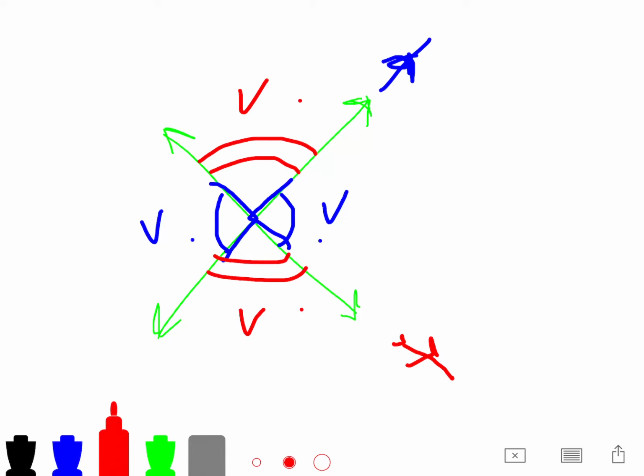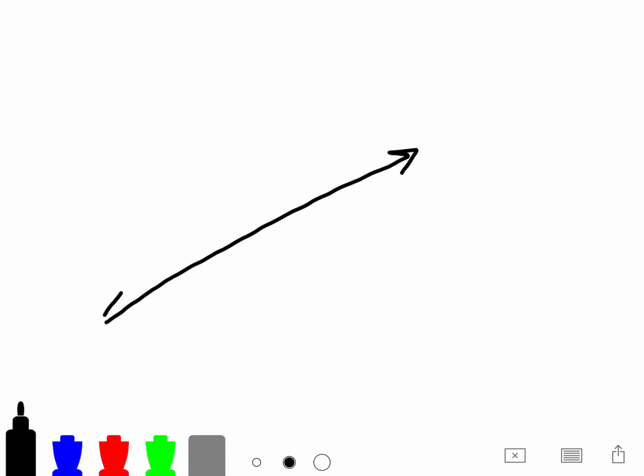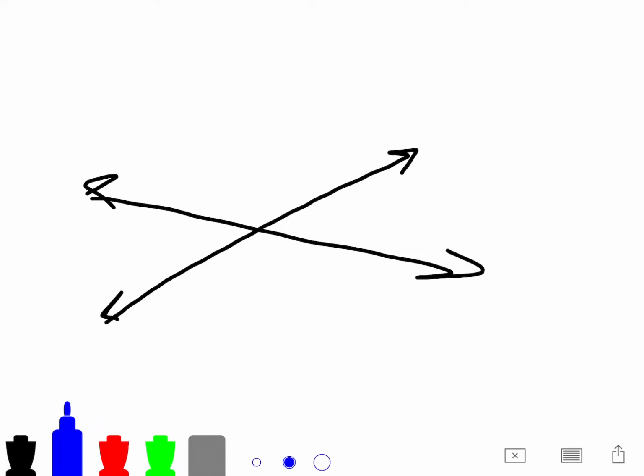So let's look at a better example of vertical pairs. If I have this line going this way, and this line going this way, you can see that a couple of these are acute and a couple of these are definitely obtuse, right?